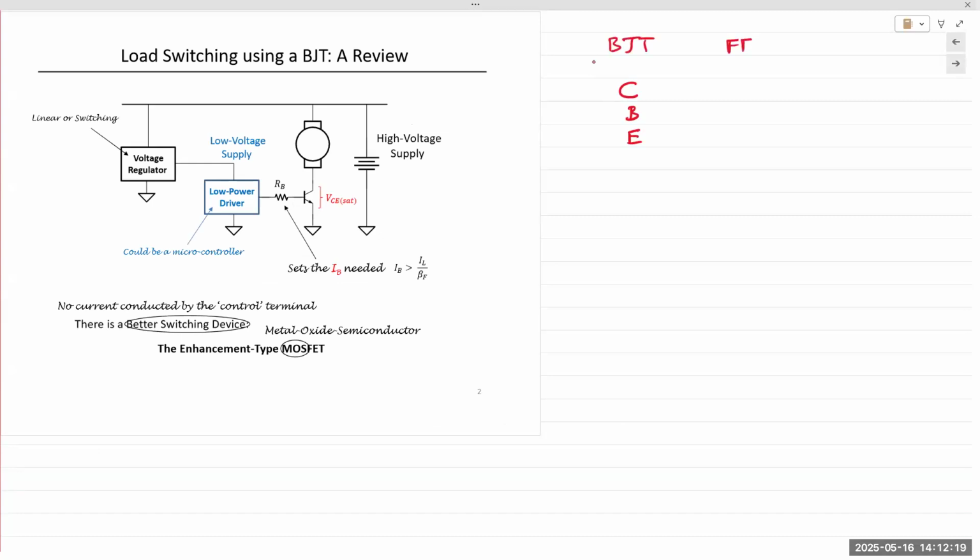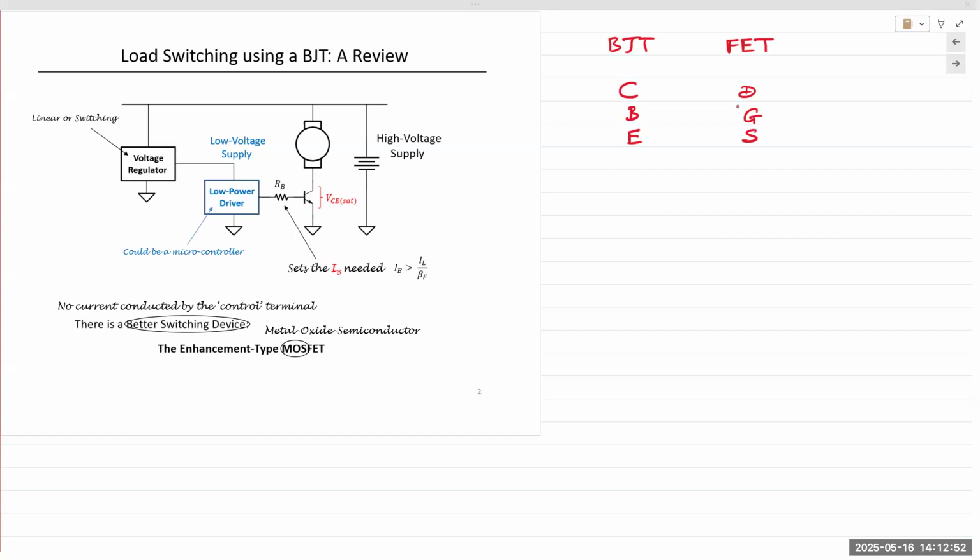And in an FET, we have the drain, the gate, and the source, kind of analogous. Collector and a drain, emitter and the source, and base and the gate. The idea of three-terminal devices, or the principle, is pretty much the same. We have two terminals, current flows between those two terminals, and the third terminal in the middle is going to control the flow of that current. So it's the same in an FET.